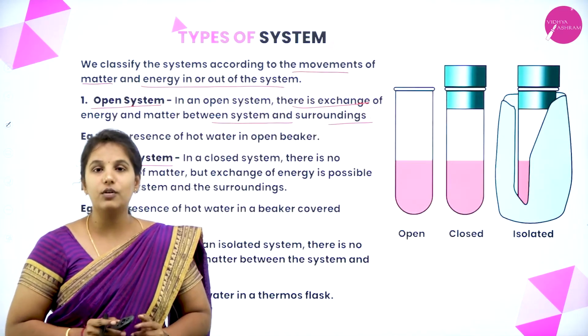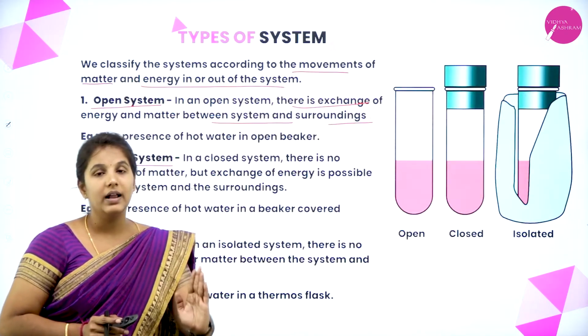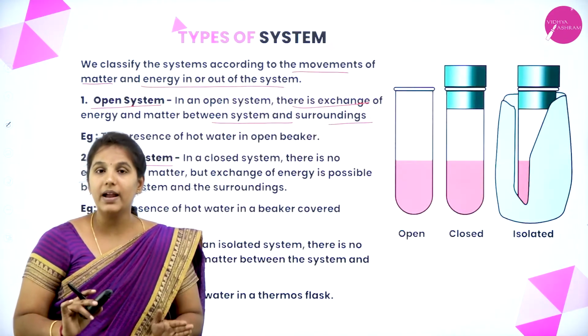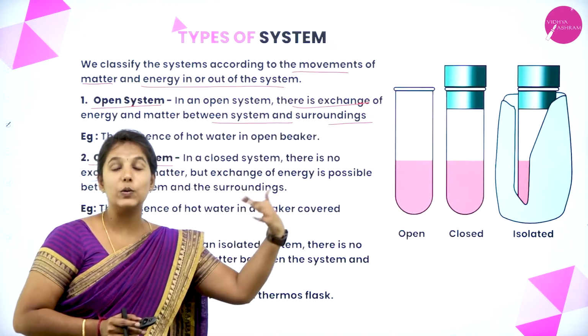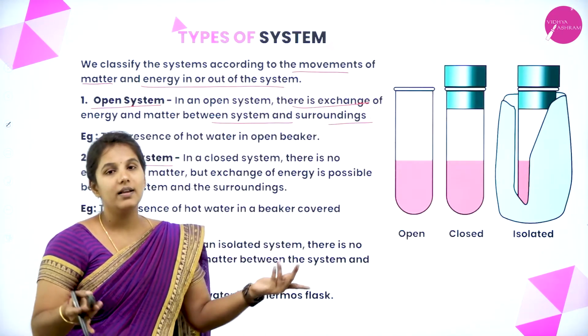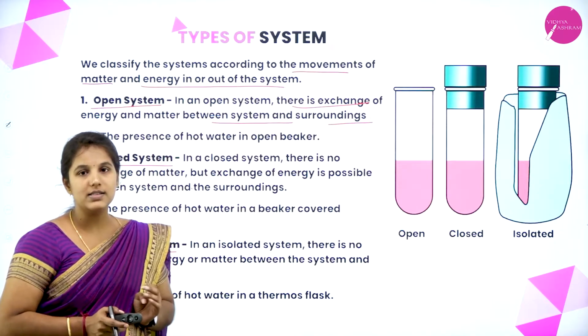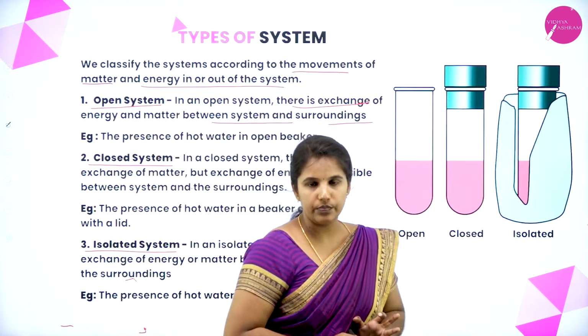That is why it is an open system. Meanwhile, the energy inside the system is going outside of the system. That is why it is an example of an open system. We have one more system known as closed system.